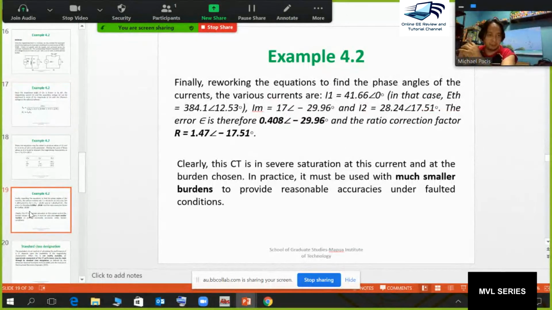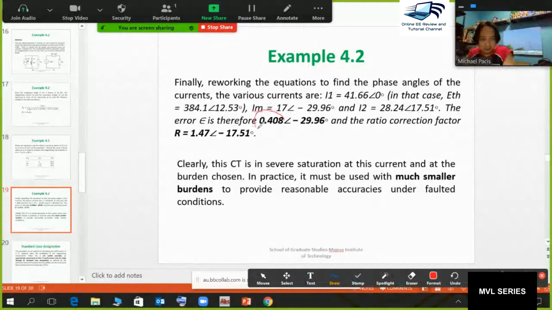You now get the ratio correction factor of 1.47, and you get the error as 0.408. As you can see, the error is 40%, and the multiplier is 1.47. That is too much higher error. So if you want to lessen that error, you need to lessen the burden impedance, which is the 9 plus j15, I think.